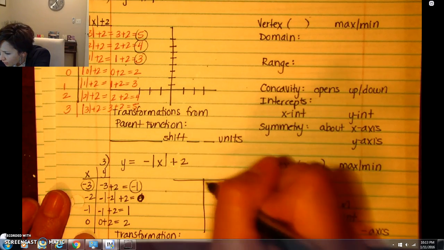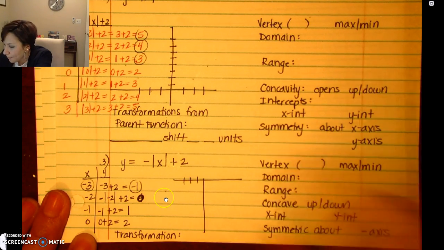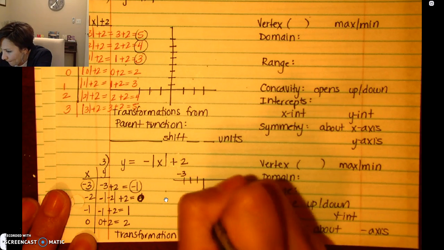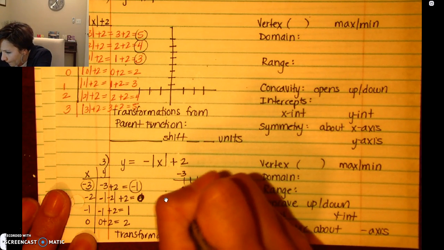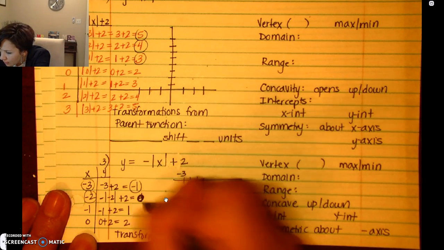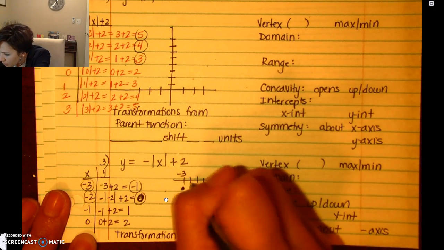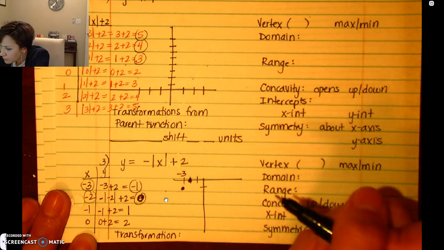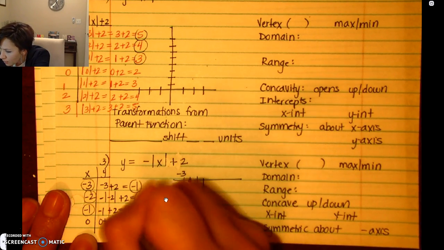-3, -1, 1, 2, 3. The next one is -2, 0. Next one is -1, 1.